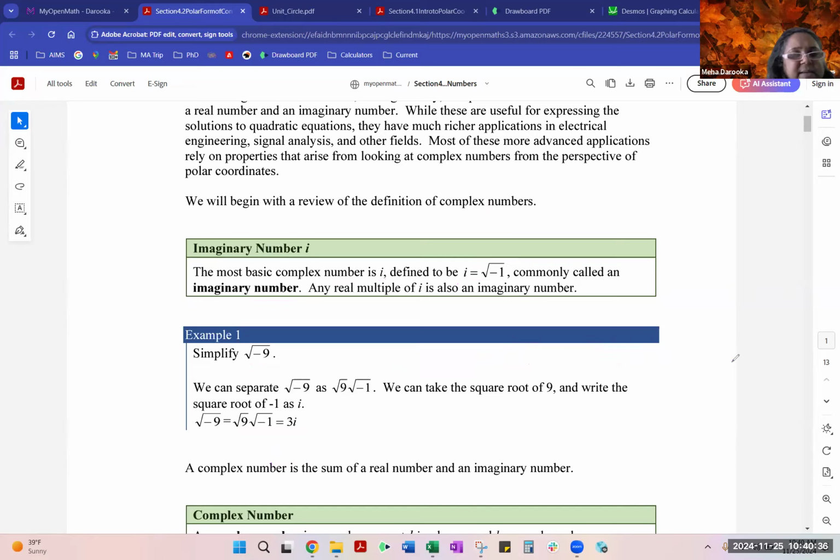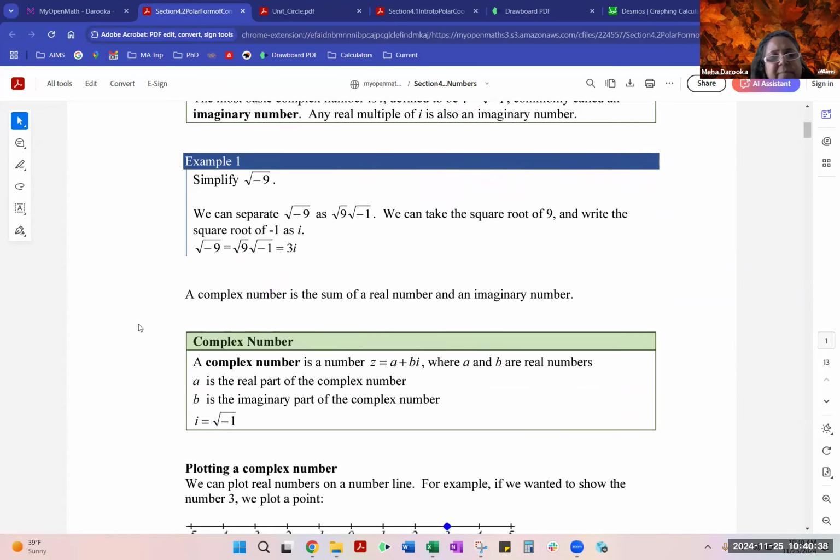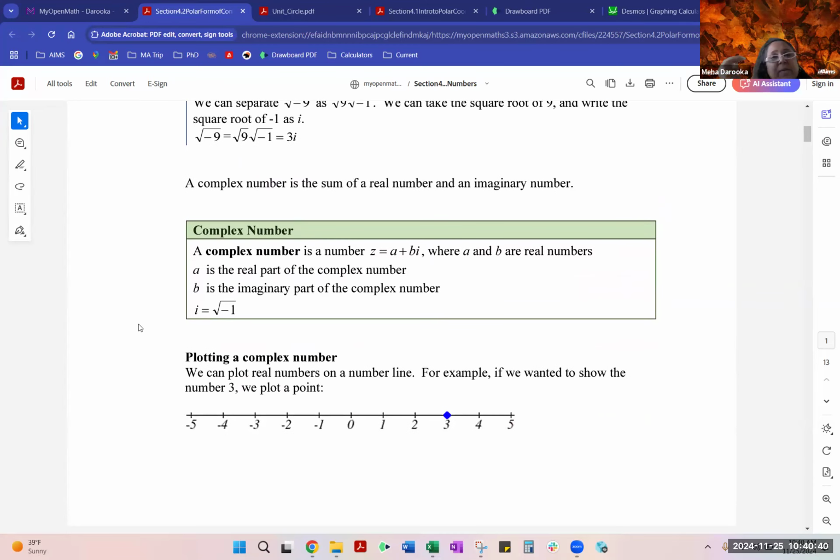Let's take a look at this definition down here. Like we were saying, a complex number is a sum of real and imaginary parts. So a complex number will be written in this form, a plus bi, where a and b by themselves are real numbers.